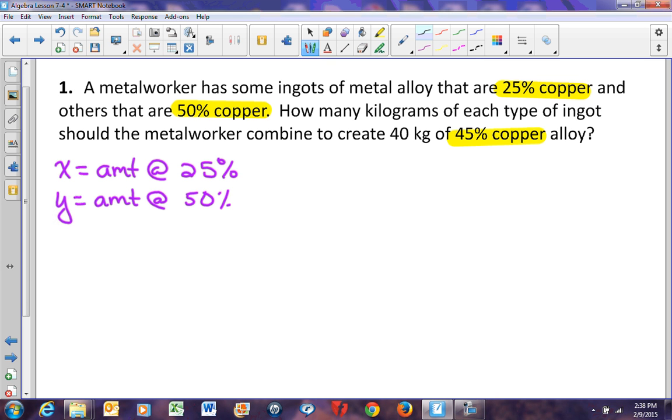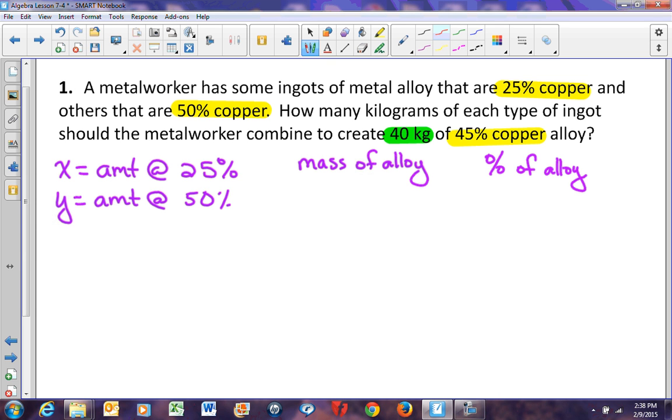Now, I know I need some alloys at 25% and 50% making up a combination at 45%. I also know I need a total of 40 kilograms. So I can get 2 equations by using those 2 things. I'm going to do one equation based on the mass of my alloys, and one equation based on the percentage of my alloys.